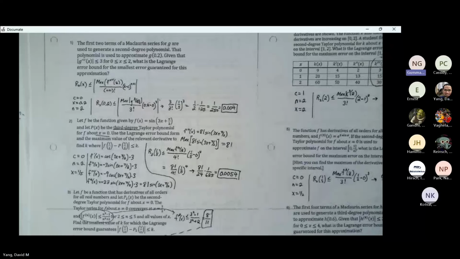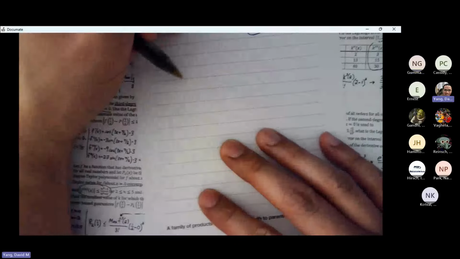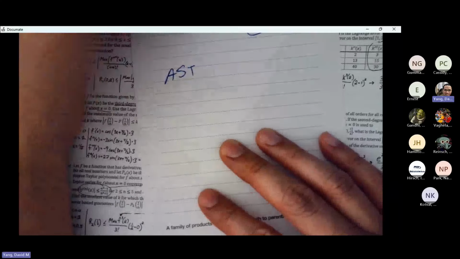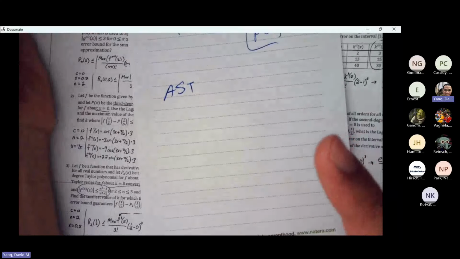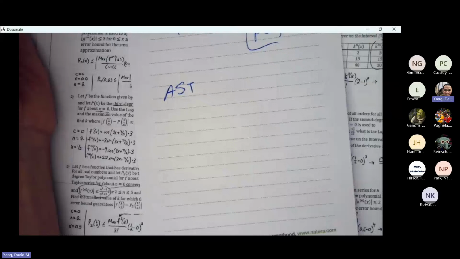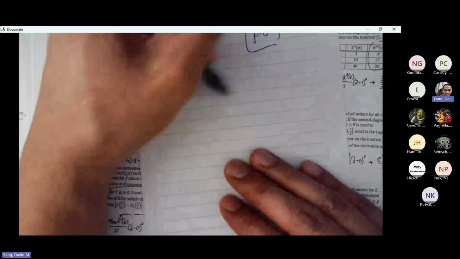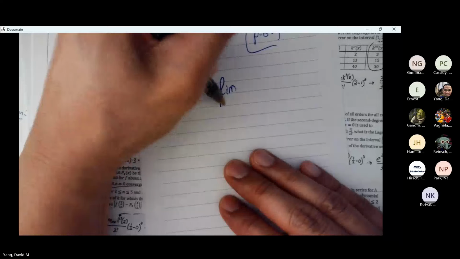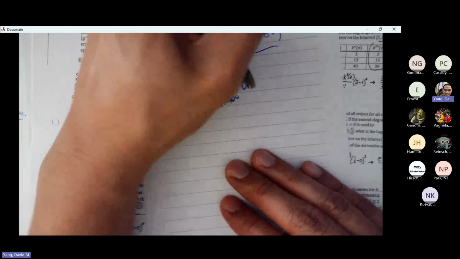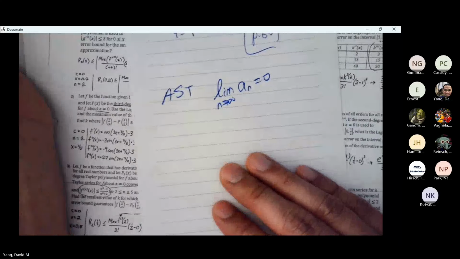Are there any conditions to use alternating error bound? The only condition for AST is it does need to be an alternating series. You can tell by looking at the rule of sequence. There has to be an alternator, and the limit of my rule of sequence has to be equal to 0.